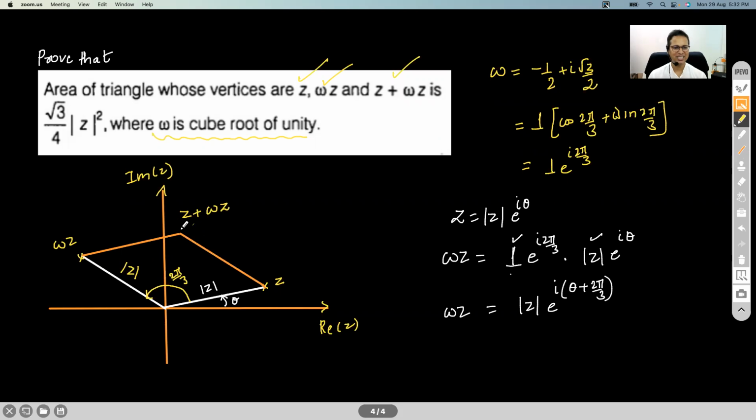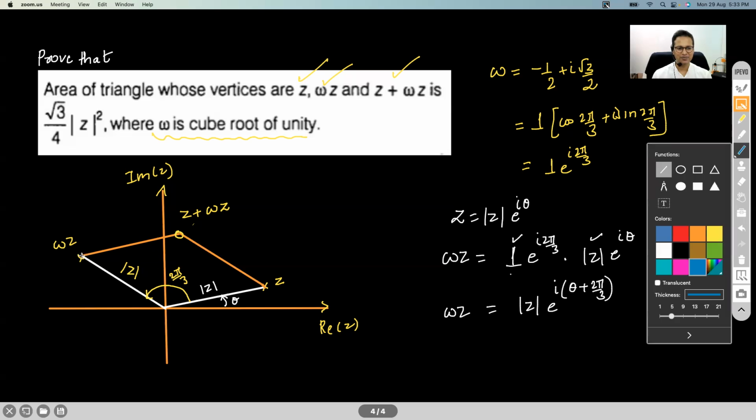Okay. So now, what have you been asked in the question? The question is saying that if you make a triangle connecting z, omega z and z plus omega z, that means this is your triangle. I'm drawing that in blue color. This, this, and this.